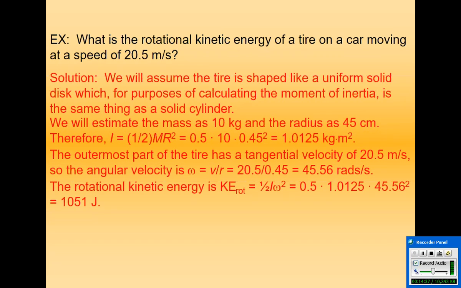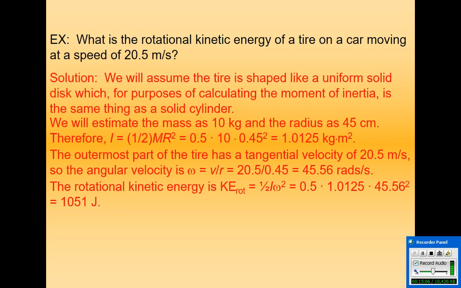Now that we have omega, we plug in to find the kinetic energy due to just the rotation of the tire, and we get 1/2 I omega squared, that's 0.5 times 1.0125 times 45.56 squared, and I determined that to be 1,051 joules. Now, because the center of mass of this tire is moving, it also has linear kinetic energy.